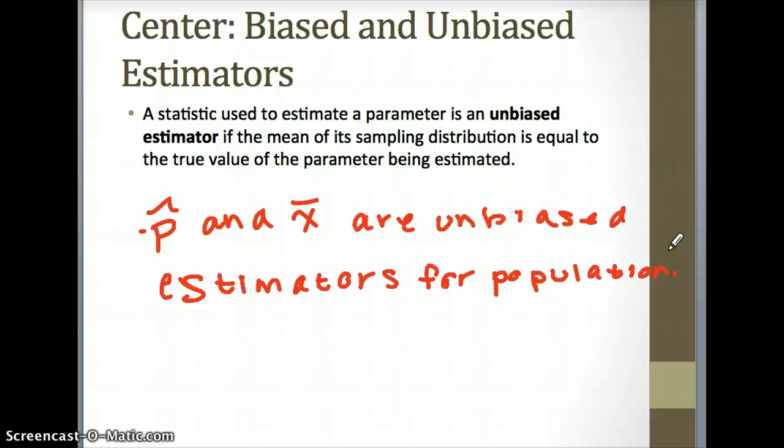So your sample range will usually be much higher or much lower than your population range, and so we will call that a biased estimator.